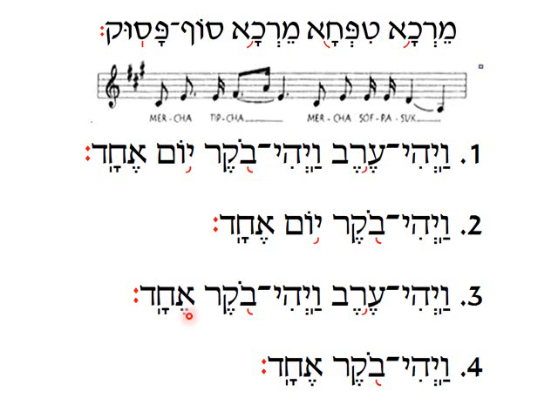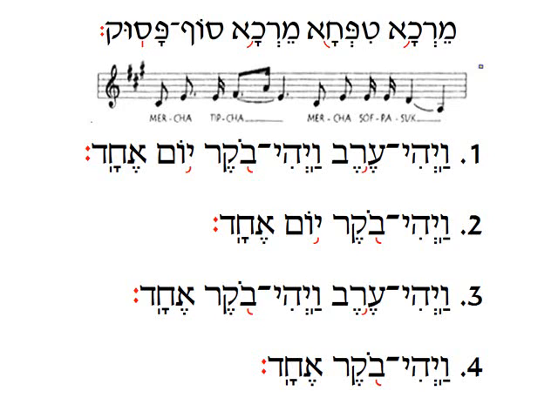There's no yom in sentence 3. Mercha tipcha, Sof Pasuk. Again, mercha tipcha, Sof Pasuk. Now let's chant it. Vayihi erev, vayihi voker, echad.